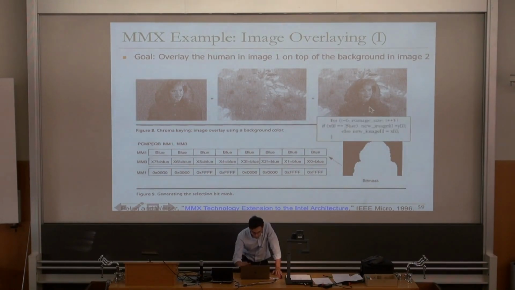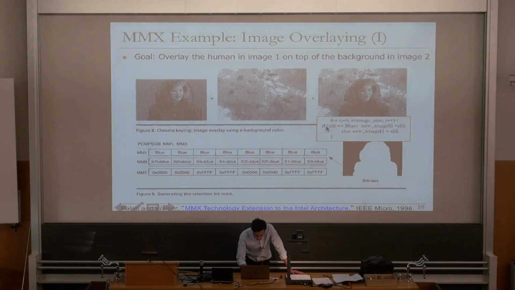If you want to see some sequential code for this, it's as simple as this. We will have to go through the entire image X, that is, this image with the woman and the blue chroma behind her.